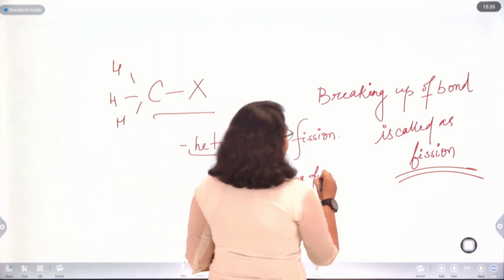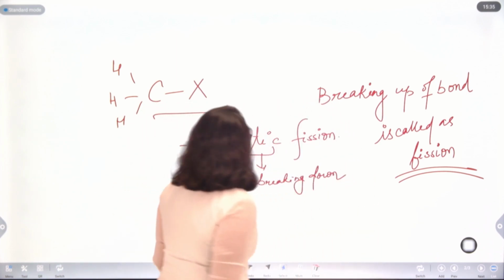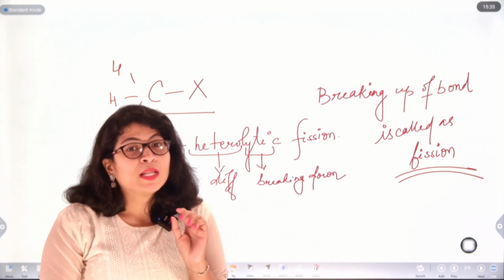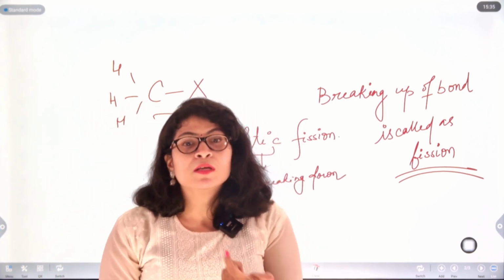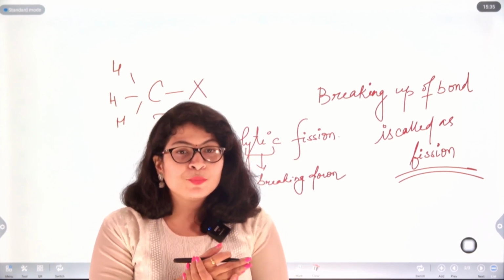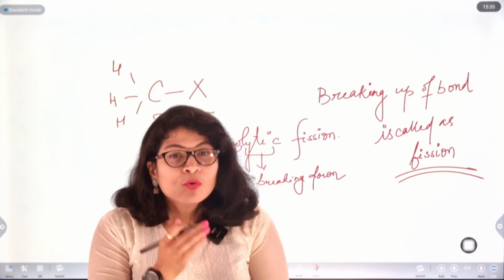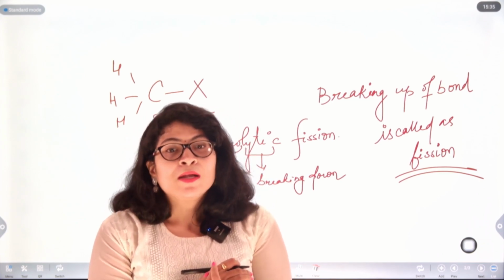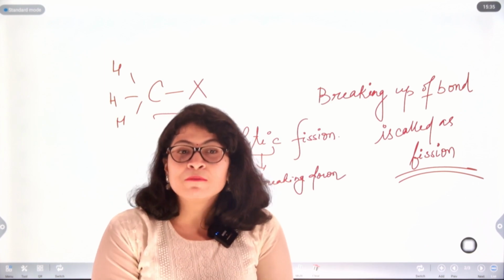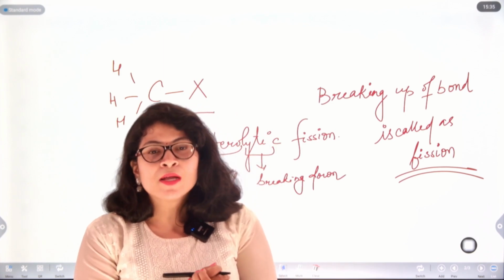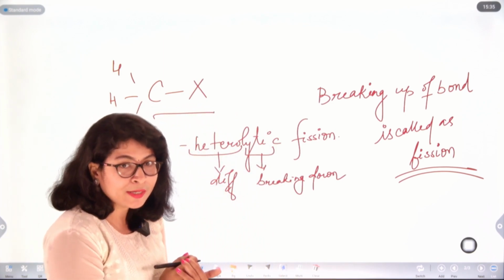So a different way of breaking down means that the pair of electrons shared between the atoms is not equally distributed. Rather, one atom is coming out stronger than the other atom, and that atom, being selfish, takes both the electrons and moves out. That kind of breaking is known as heterolytic fission.